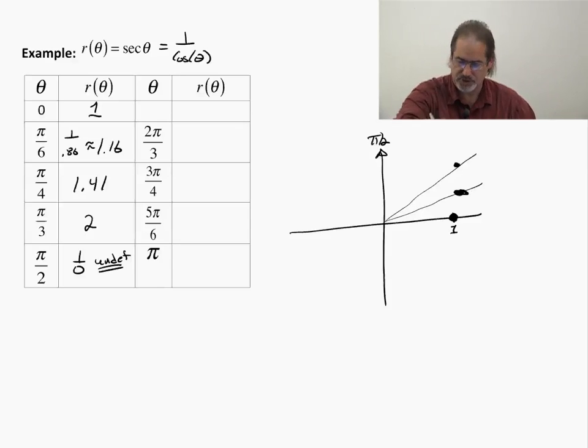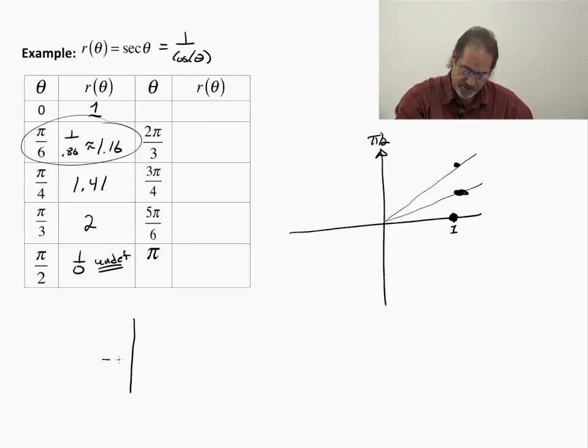So where is it actually going in terms of this graph? Well, let's take a look at just this one for a second. If I have this triangle, and I know my radius is 1.16, and I know this angle is pi over 6, what I really want to know is what is cosine.